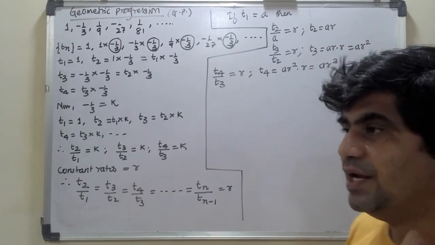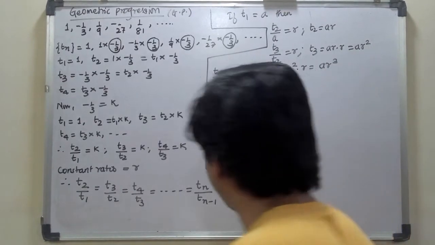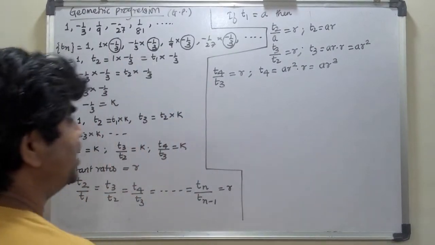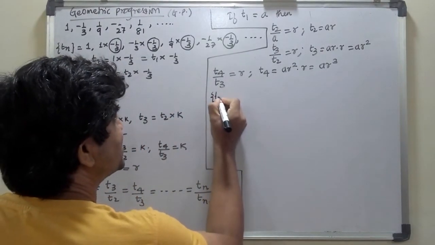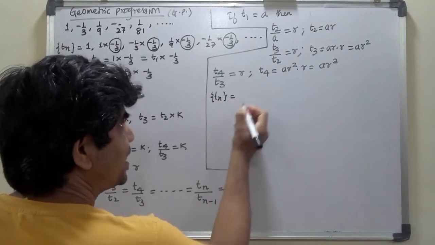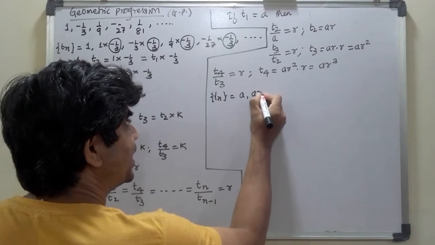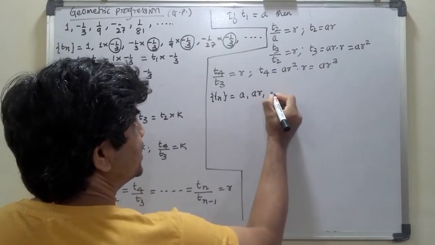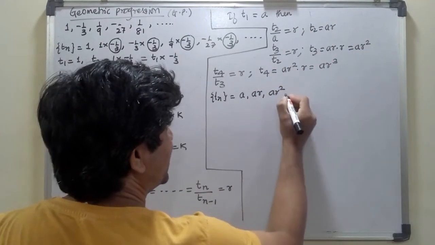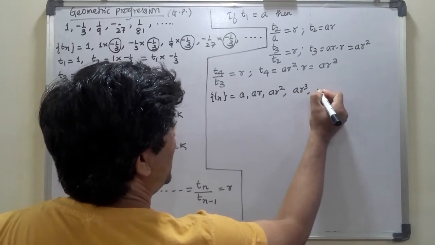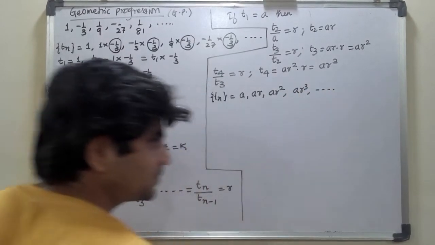Now, if this is a GP, I will get the sequence like this. This is your first term A, the second term AR, the third term AR square, and the fourth term AR cube, and so on, right?